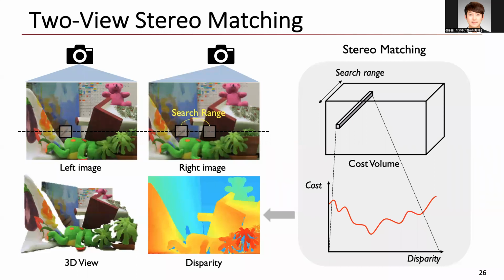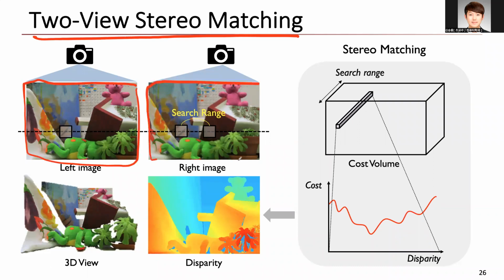One of the simplest is two-view stereo matching, or just shortly stereo matching. So what is stereo matching? Given input left and right images, as we discussed in the previous lecture, each pixel has a corresponding pixel in the right image.